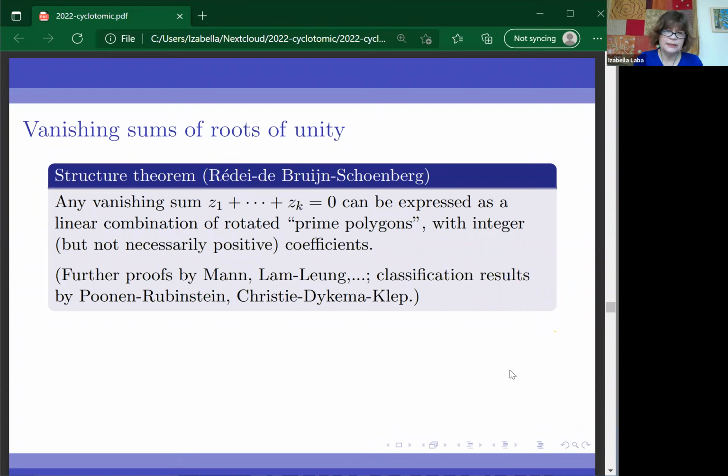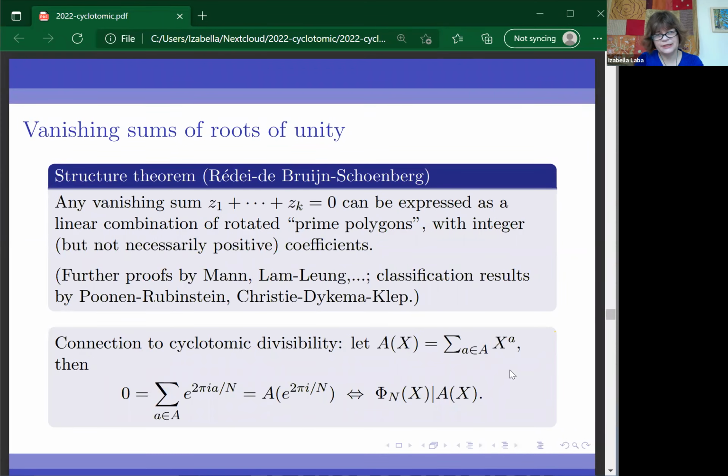There are further proofs of that theorem by various authors, and there are also results on classification of vanishing sums of that form with a small number of roots. There are some papers in computational number theory that do that. The connection to cyclotomic divisibility is that, let's say that A of x is a polynomial of this form.